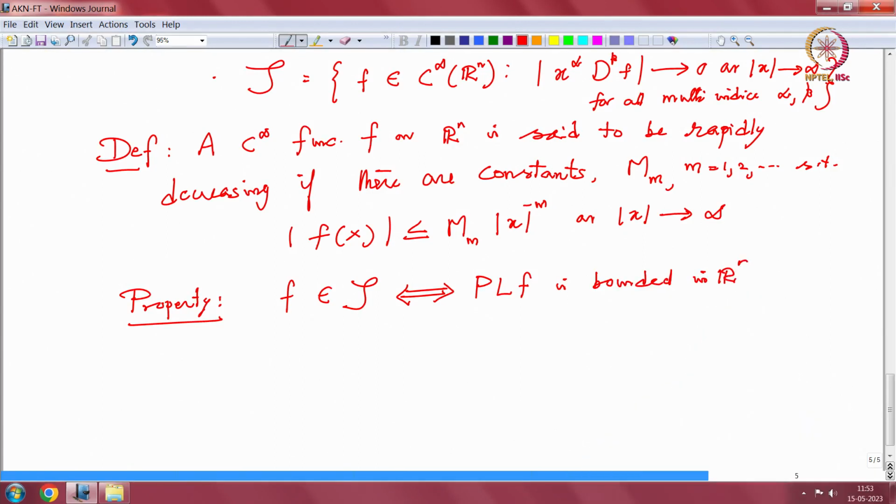I will leave this as an exercise for you. You should work it out, because this is the first time you will be seeing this material. This is for all polynomials P and for all linear differential operators with constant coefficients.